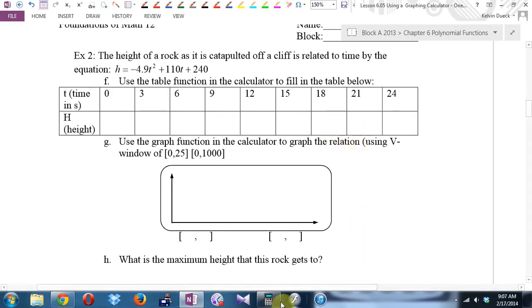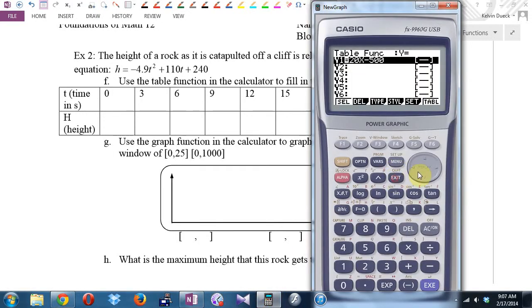So let's enter this. Let's delete the current function that we have. That's going to be F2. Make sure you're in the table menu. So delete, yes. Although my equation has an h and a t, I'm stuck with y and x. So I'm going to go negative 4.9. Now look up, please. I had a number of you use this. These are not variables.